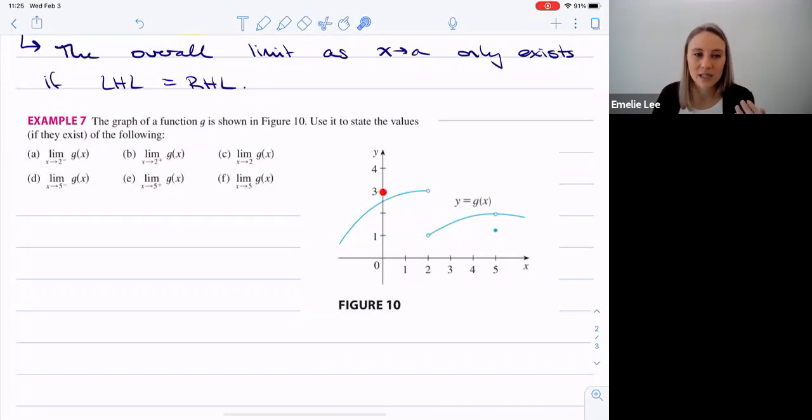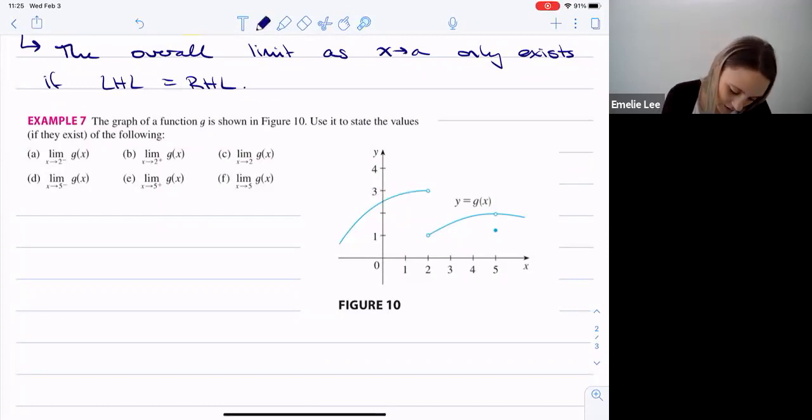So the limit as x approaches 2 from the left is going to be 3. I'll jot it down here, equals 3.